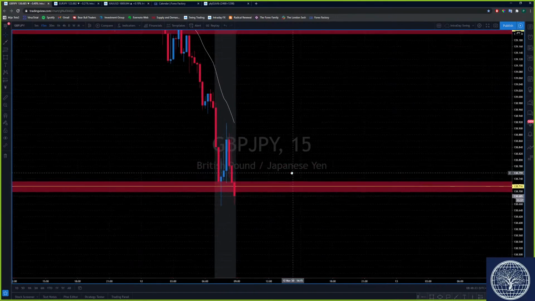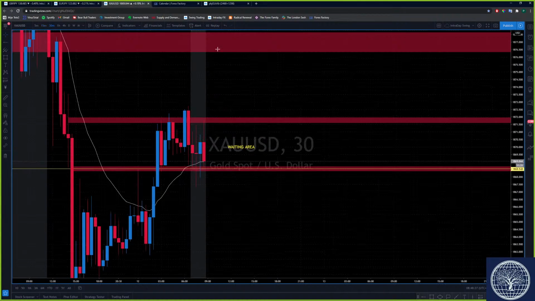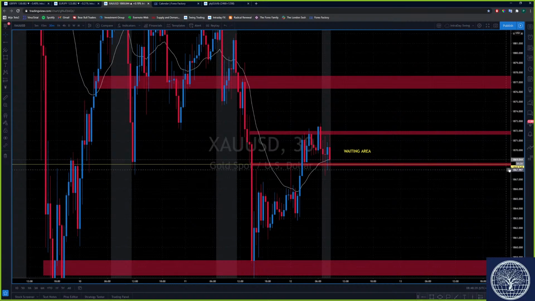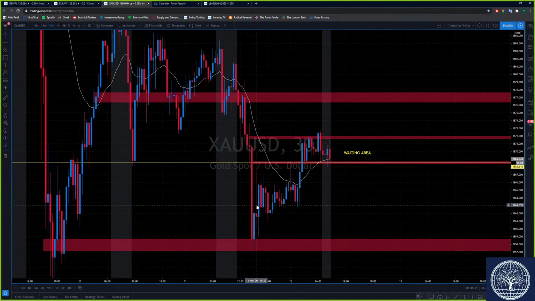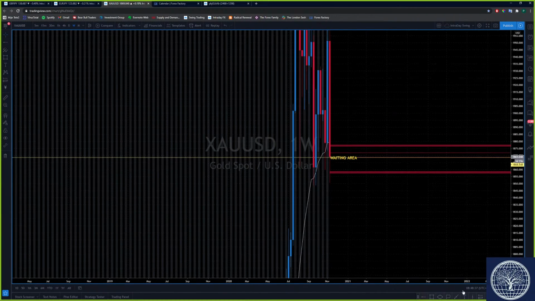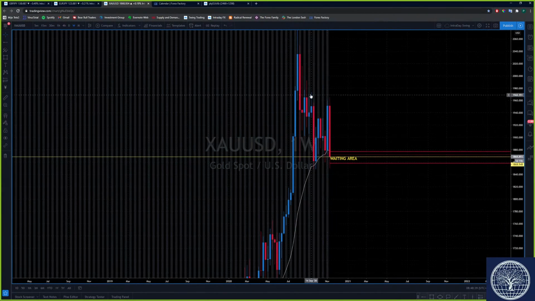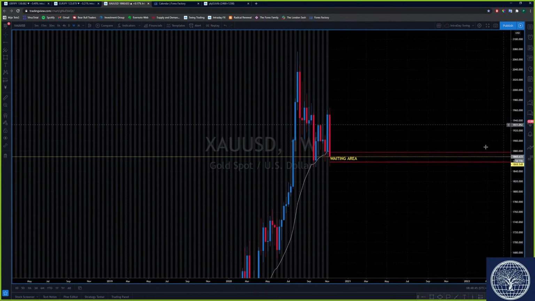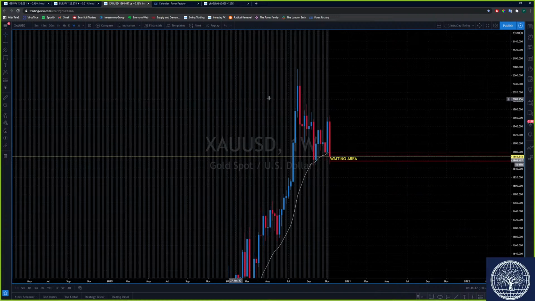Actually, if you pay attention, it's been in a range since about the beginning of August, on the higher time frame. Yeah, exactly. So let's see. Interesting.